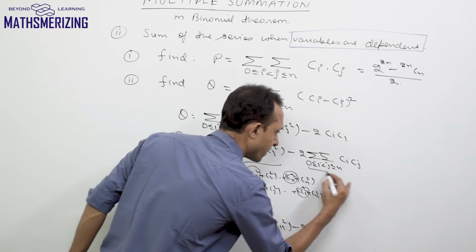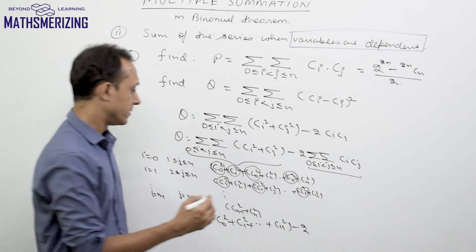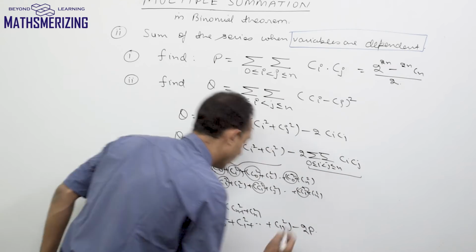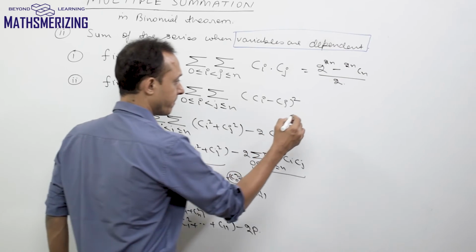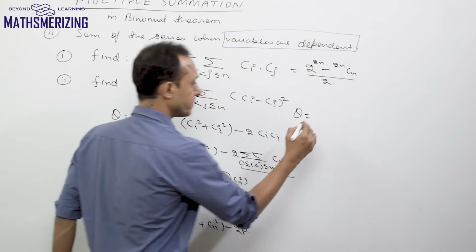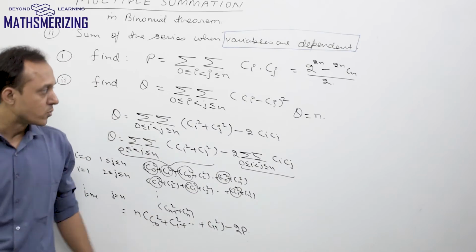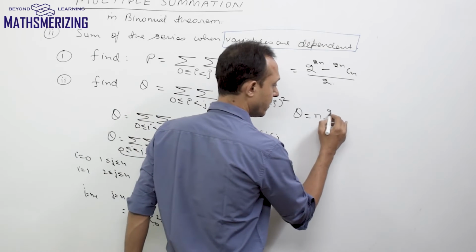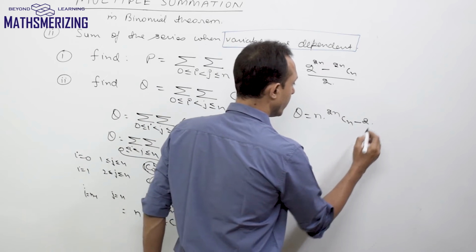Now what about this series? This series is actually nothing but p, so I'll write it as 2p. So the value of this expression q will be n times, and we know that C0 square plus C1 square plus up to Cn square is 2nCn, so it will be 2nCn, and then minus 2 into, what is the value of p?